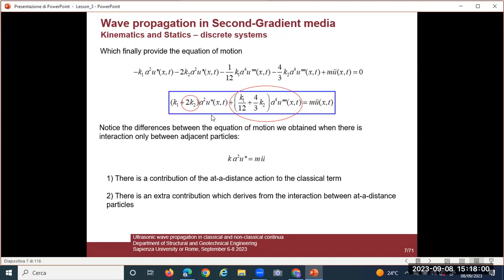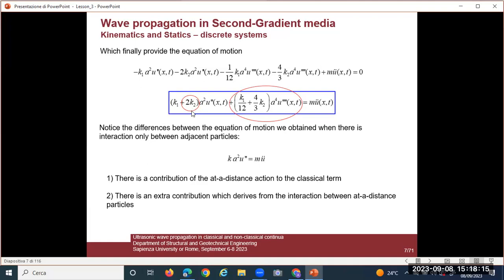Now you can observe the difference between the old one and the new one. You have the second derivative of the displacement field, which you had here.